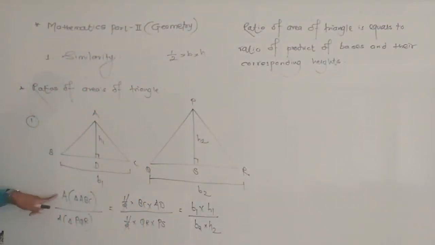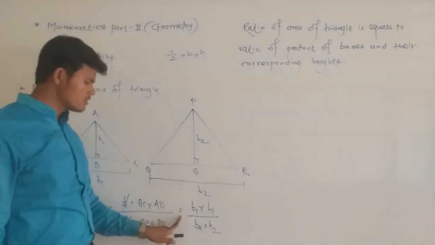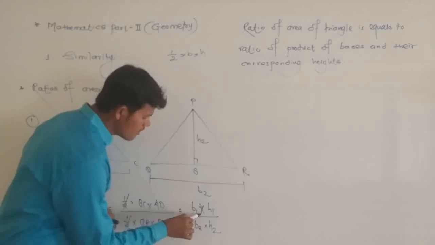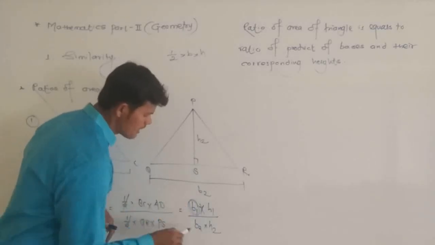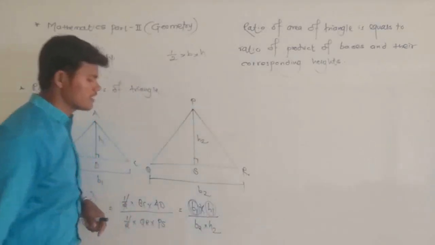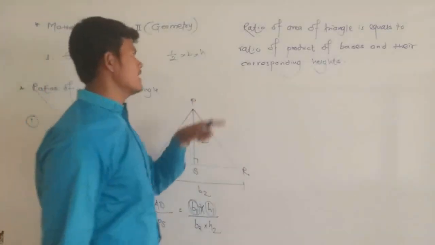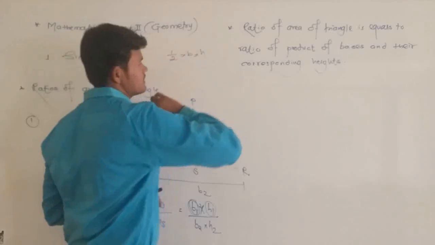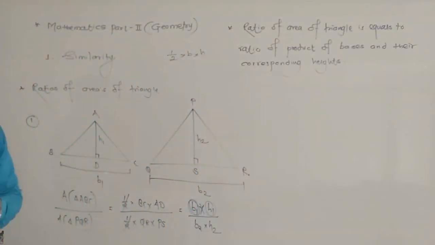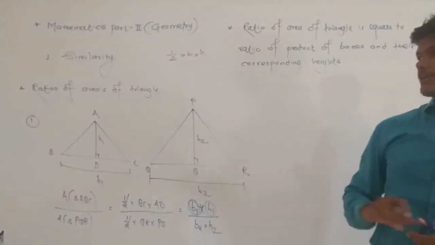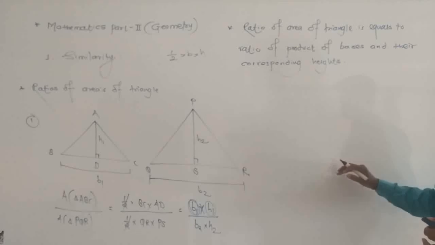Ratio of area of triangle ABC to area of triangle PQR is equal to the ratio of product of their bases and corresponding heights. So this is the first property of ratio of area of triangle.